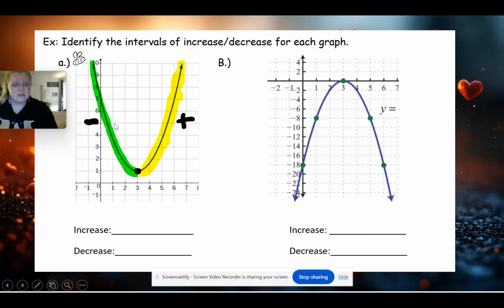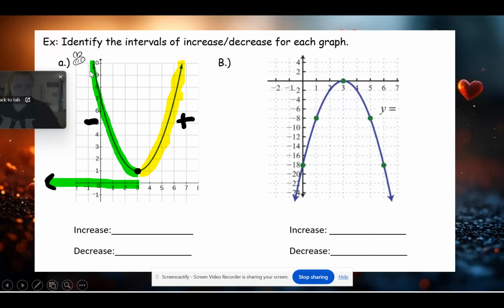He's going upwards. So when you go to tell me the interval of decrease and increase, what you want to do is look at the section of the x-axis where this takes place. So 3 and to the left would be considered the decreasing height. In other words, if I ask, where does the green section range from in terms of length?